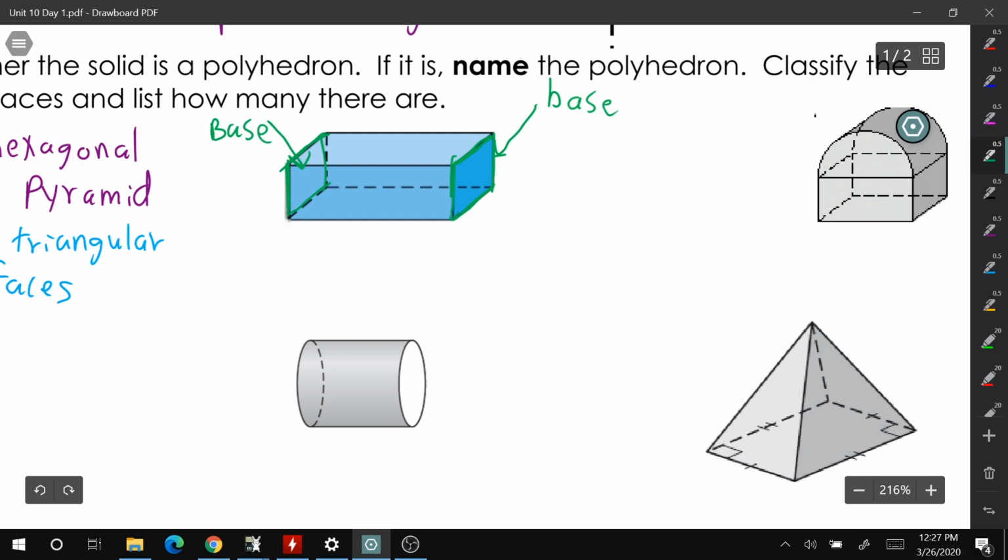All right, now the bases are rectangles, and we have parallelograms here that connect the two bases. So we call this a rectangular prism. And what we have here, we have 4 rectangular faces.